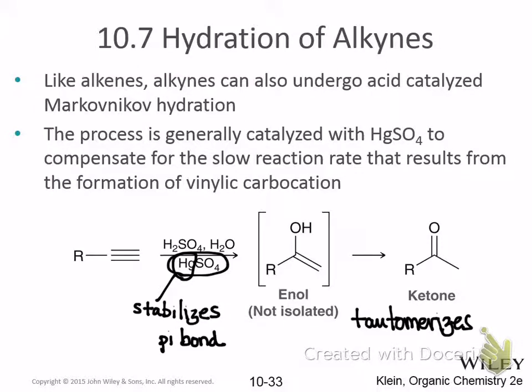And the ketone turns out to be a lot more stable than the enol, simply because this bond is more stable than this one is. It looks kind of like resonance, but because the atoms are moving, the hydrogens moving, it's a constitutional isomer. They call this a tautomerization.